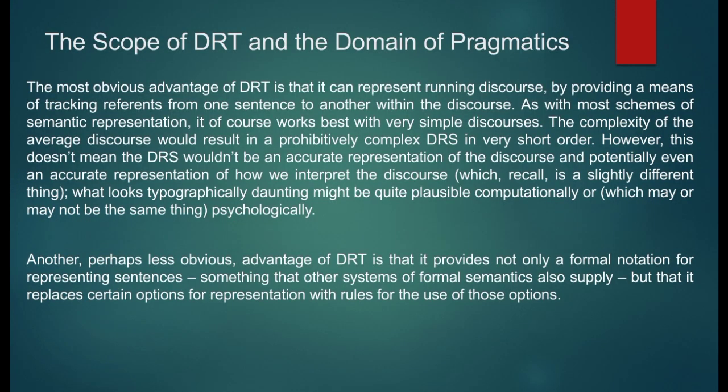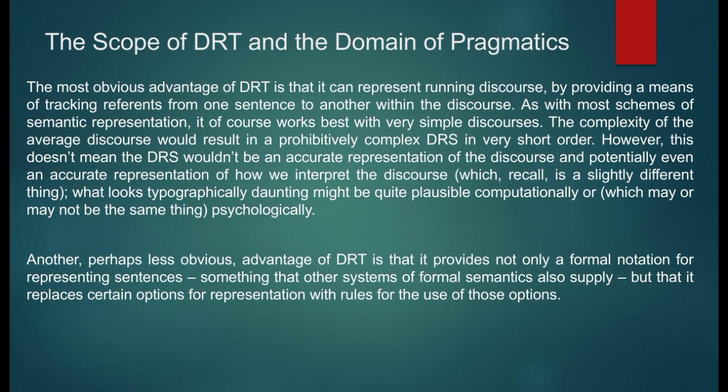The scope of DRT and the domain of pragmatics. The most obvious advantage of DRT is that it can represent running discourse by providing a means of tracking reference from one sentence to another within the discourse. As with most schemes of semantic representation, it of course works best with very simple discourses.